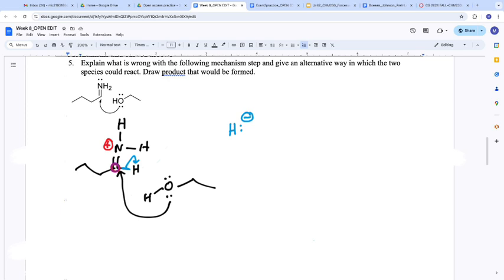What should you look at before electronegativity? Size. Is it very big? No, hydrogen is the smallest atom. You're taking a pair of electrons and placing it in the tiniest possible space. Is that a good thing or a bad thing?